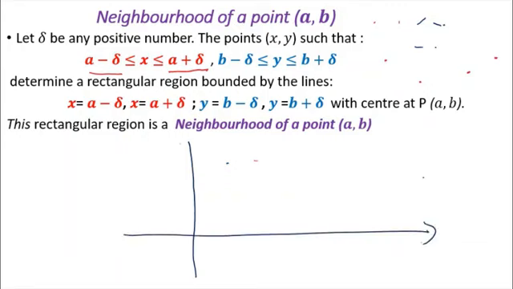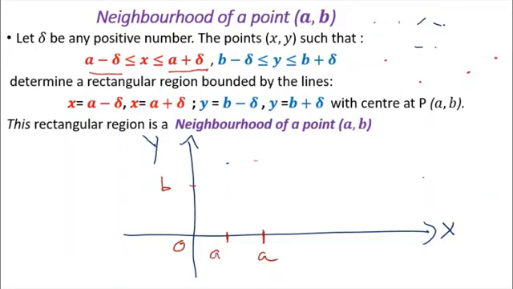I'll take the two-dimensional xy plane, and this is the origin. Then suppose I take A here on the x-axis and B here on the y-axis. Then I will take delta, a small positive real number, instead of epsilon.